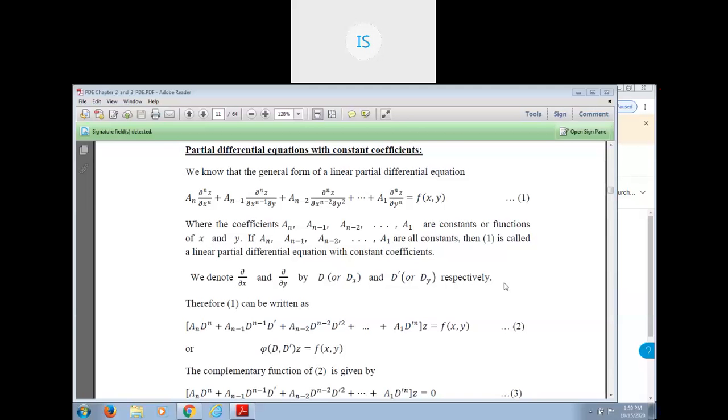Properly say the form, like the second order one: f of x, comma y, comma z, comma p, comma q, comma r, comma s, comma t. Now tell me the form of the first order PDE. Ma'am, x, y, z, p, q. Yeah, f of x, comma y, comma z, comma p, comma q equals 0.